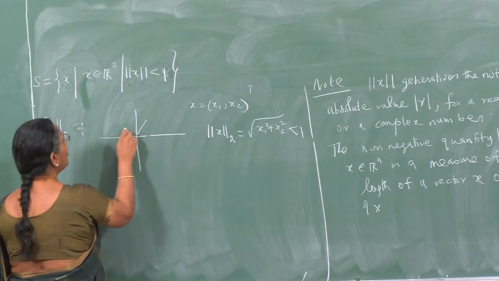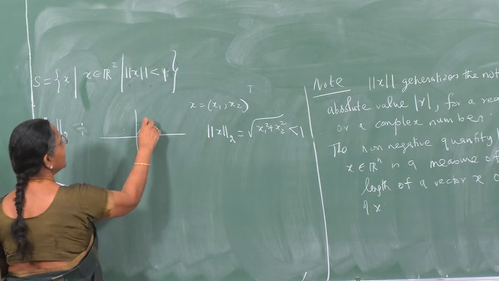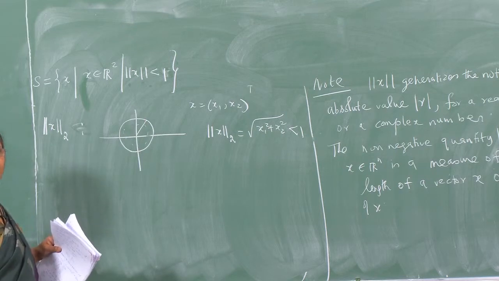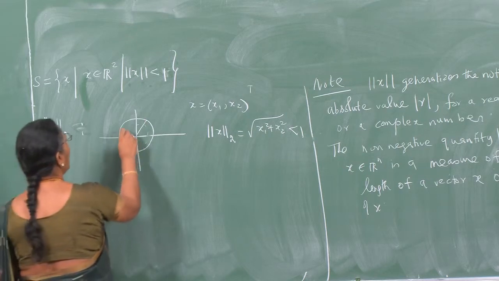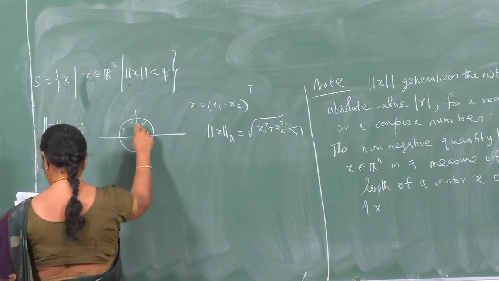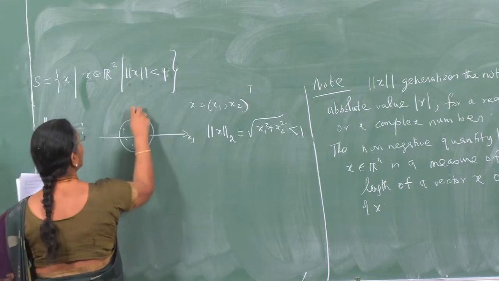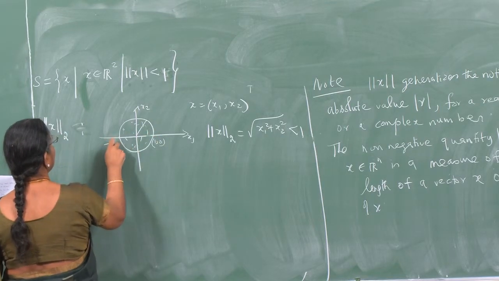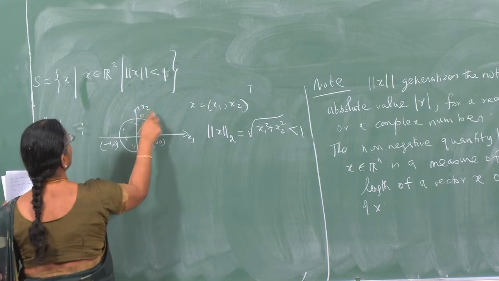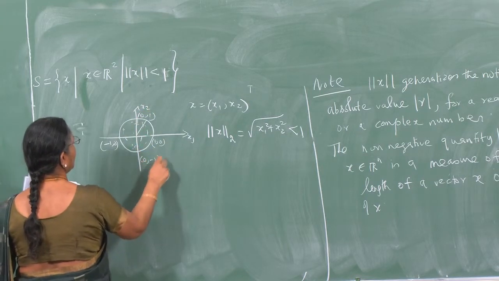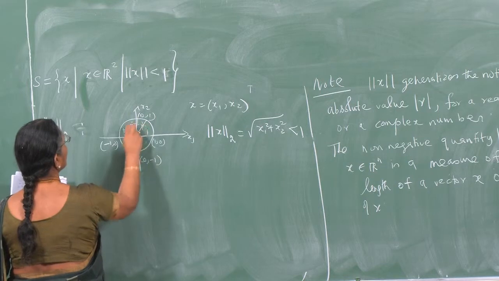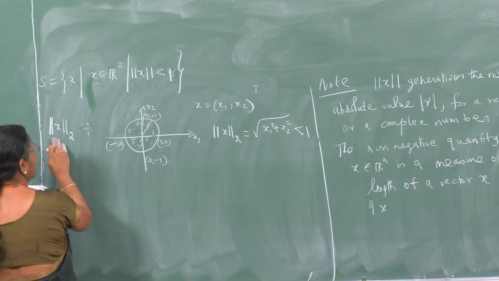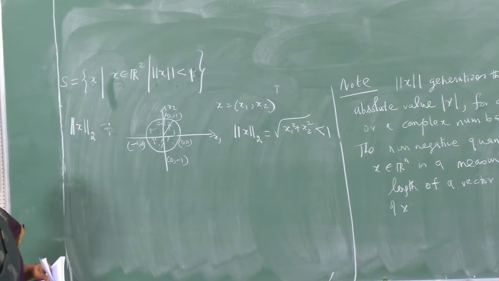So, all those points which will satisfy this criterion will all lie within a unit disk in the two-dimensional plane. So, all those points within this circle, where suppose this is the x1 axis, this is the x2 axis, this point will be (1, 0) and this is (minus 1, 0). This will be (0, 1) and this will be (0, minus 1). So, this is what the set describes in R2 if I make use of the Euclidean norm.